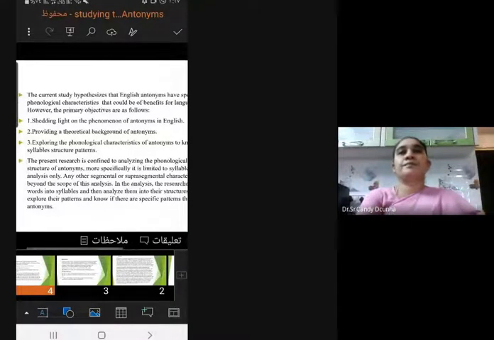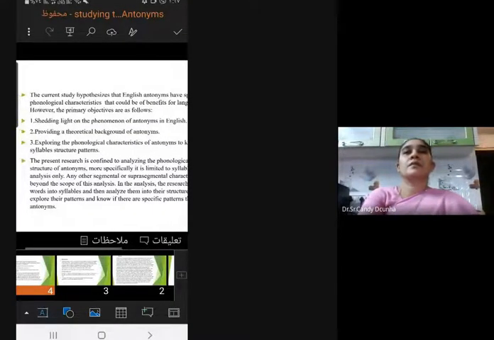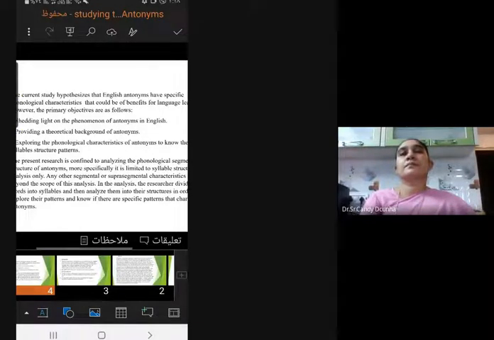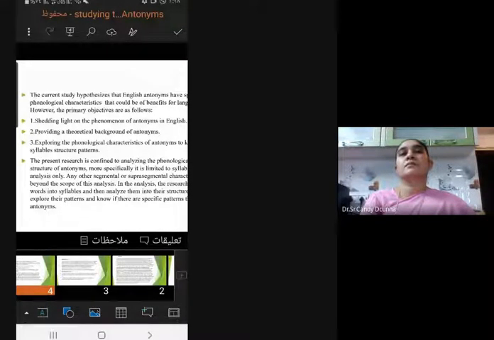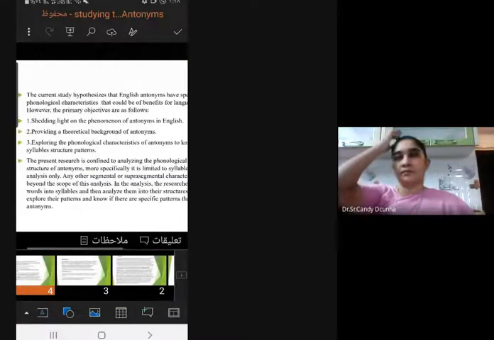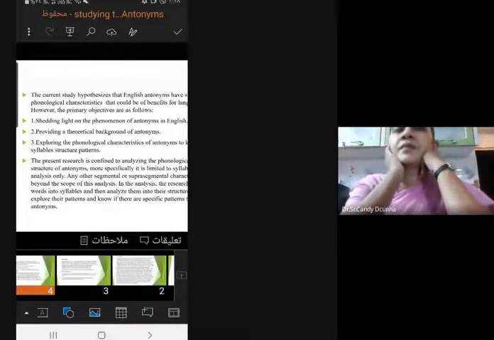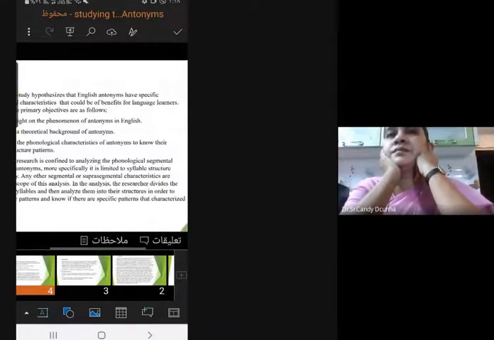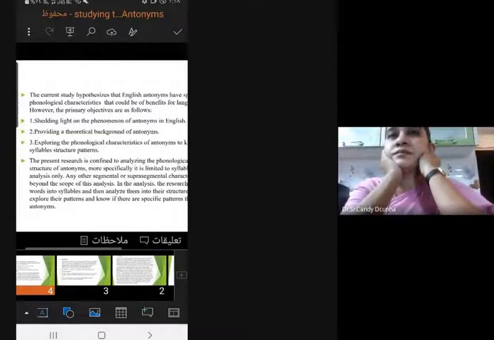The primary objectives are as follows: shedding light on the phenomenon of antonyms in English, providing a theoretical background of antonyms, and exploring the phonological characteristics of antonyms to know their syllable structure. In addition, the present research is confined to analyzing the phonological segmental structure of antonyms. More specifically, it is limited to syllable structure analysis only.